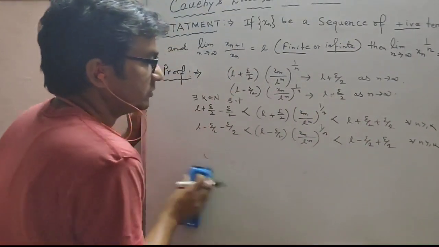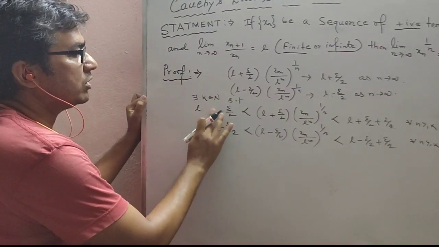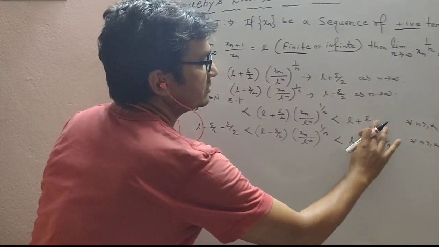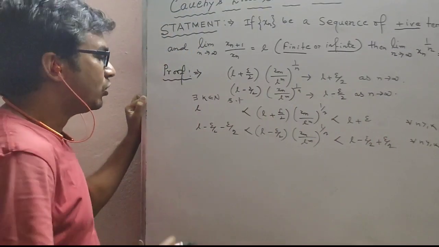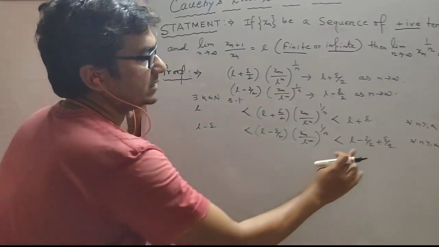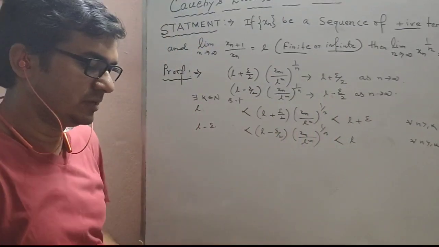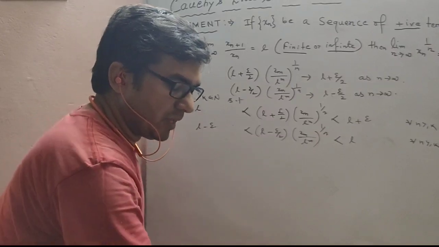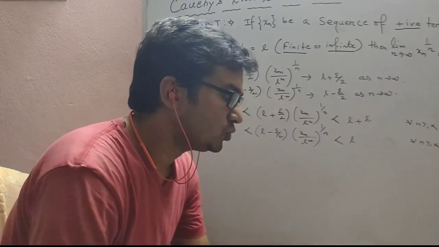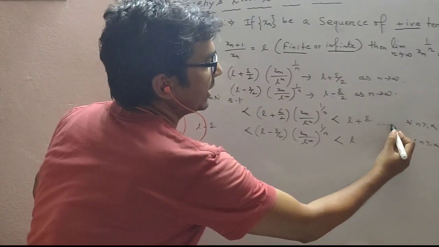Now calculating them we get here, this side only L and this side L plus epsilon. Also here this side L minus epsilon and this side only L. Okay, and these two relations we named as 4 and 5.